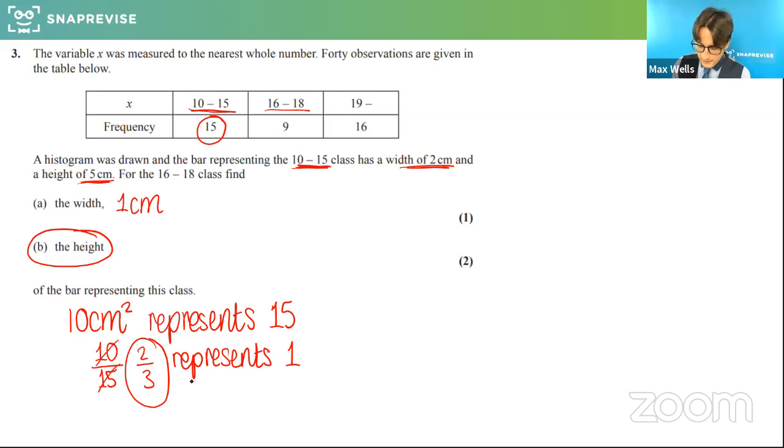And if I multiply that now by the frequency I want, so 2 over 3 multiplied by 9, I get 6. So it will need a height of 6 centimeters in order to be in proportion and represent 9 people. Brilliant, well done if you got that.